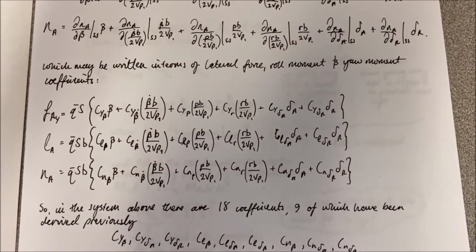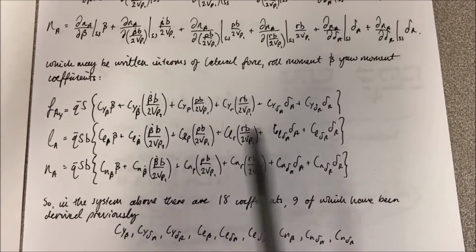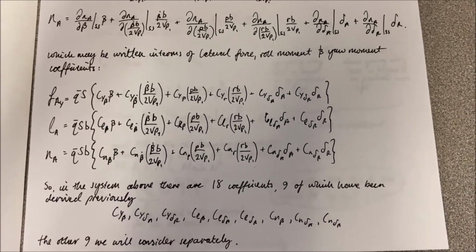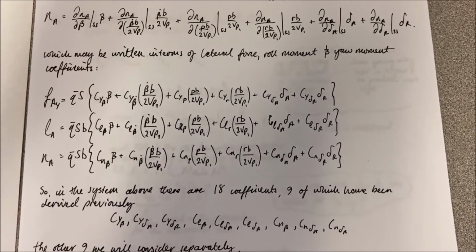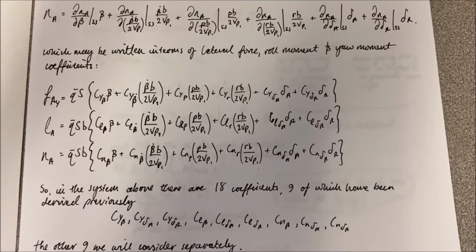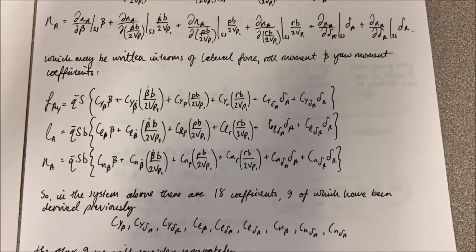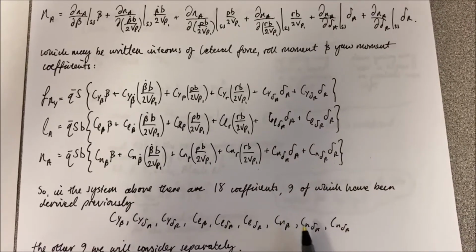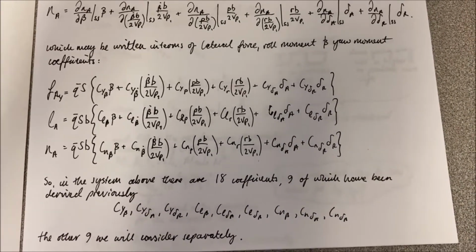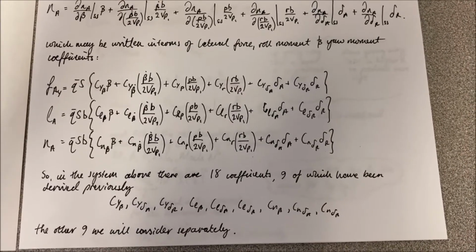So this system of equations now contains 18 coefficients, okay? But the good news is that nine of them have been derived previously, these ones here. The other 9 we now have to deal with separately.